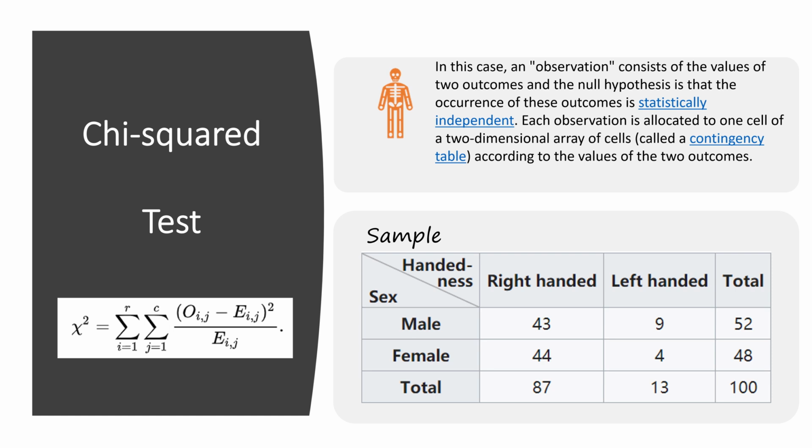In this case, an observation consists of the values of two outcomes, and the null hypothesis is that the occurrence of these outcomes is statistically independent. It is just what we used and want to apply. Each observation is allocated to one cell of a two-dimensional array of cells, called a contingency table, according to the values of the two outcomes.